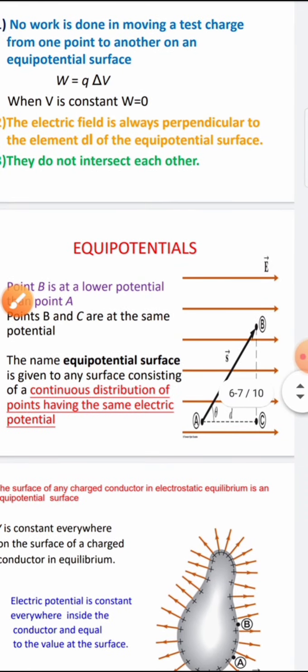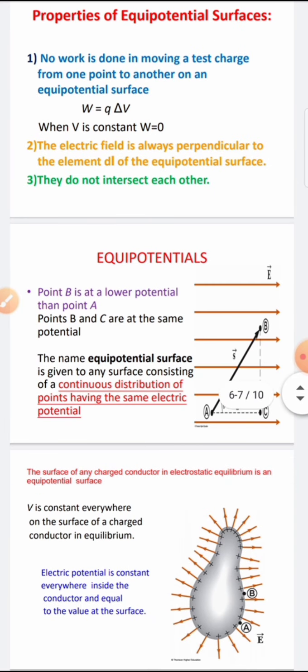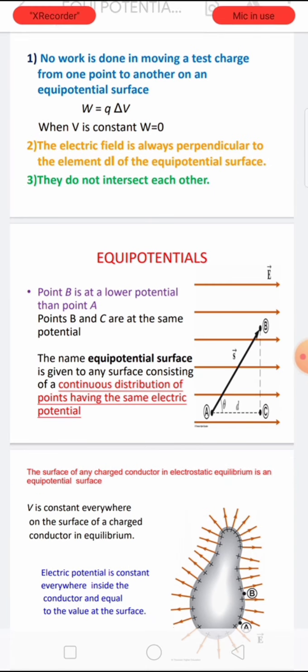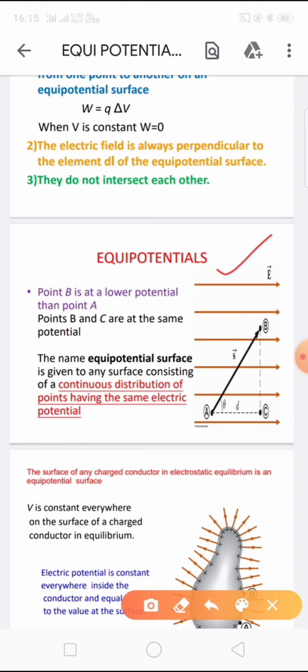Again, here electric field lines are shown, parallel lines. Three points A, B, C are shown in the diagram.